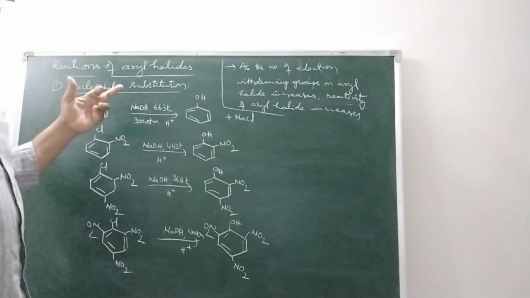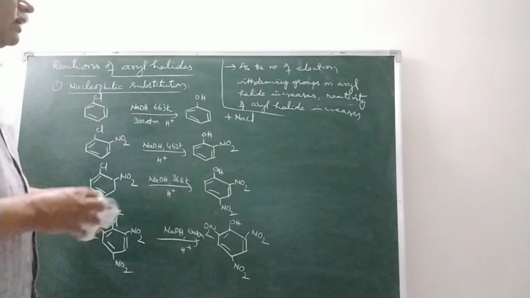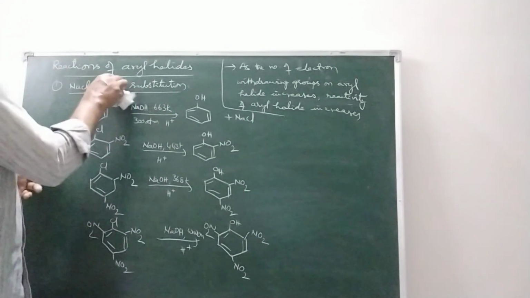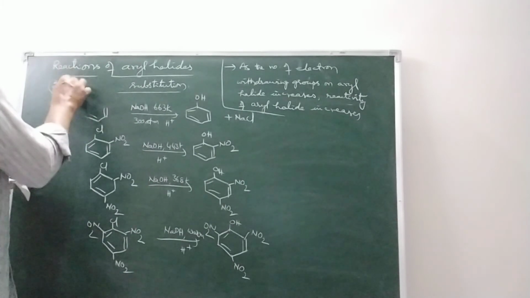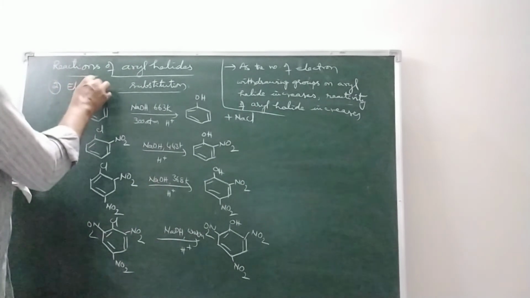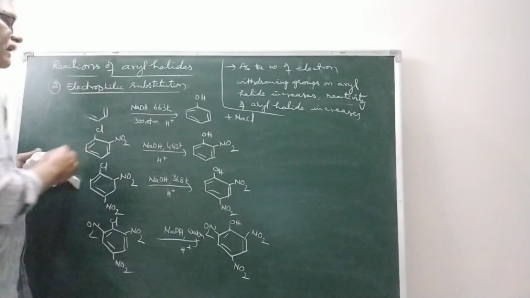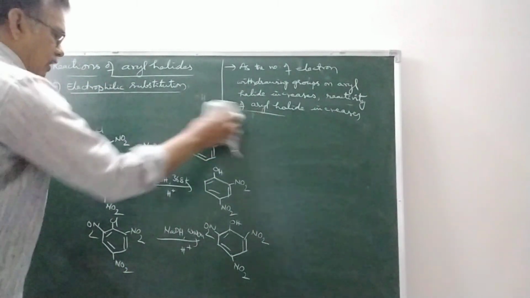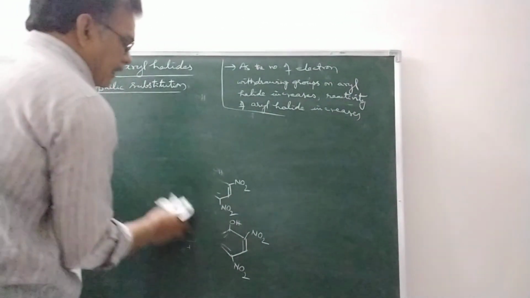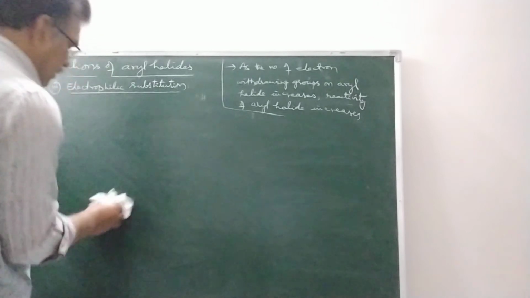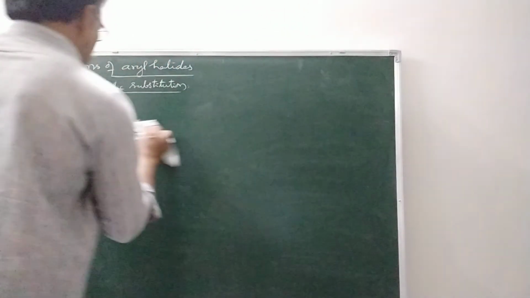So we discussed nucleophilic substitution. If we take electrophilic substitution, the electrophile reaches either the ortho position or the para position. Of course, the para compound is more stable when compared to the ortho compound.